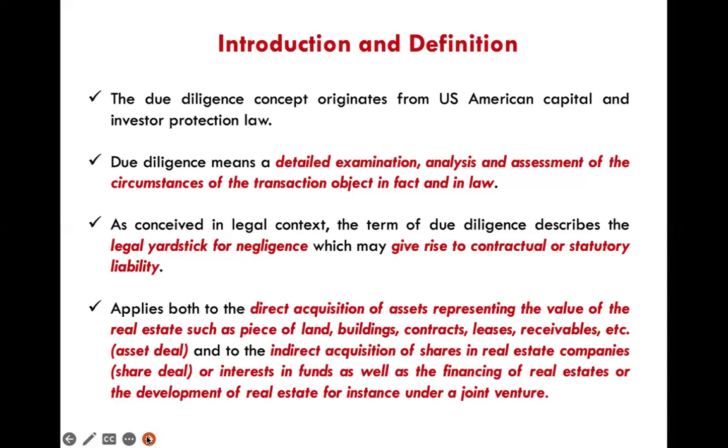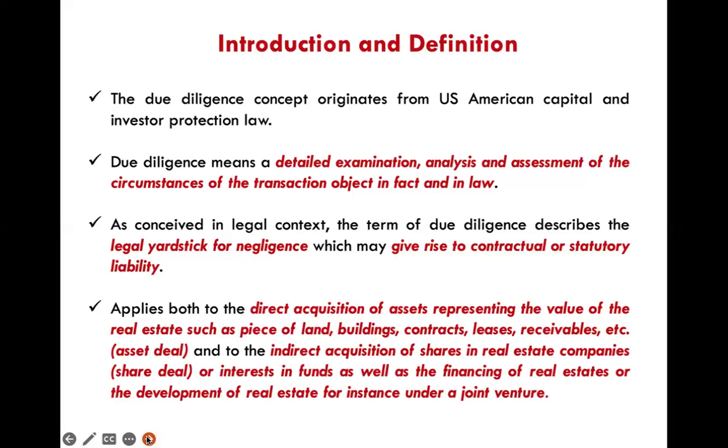Now, in some aspects, due diligence is essentially the legal yardstick for negligence. Due diligence is the legal yardstick for negligence, which may arise due to contractual or statutory obligations, right?